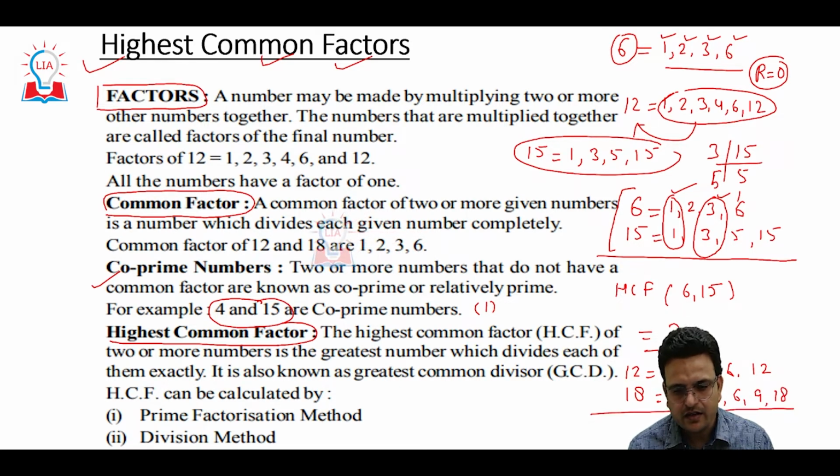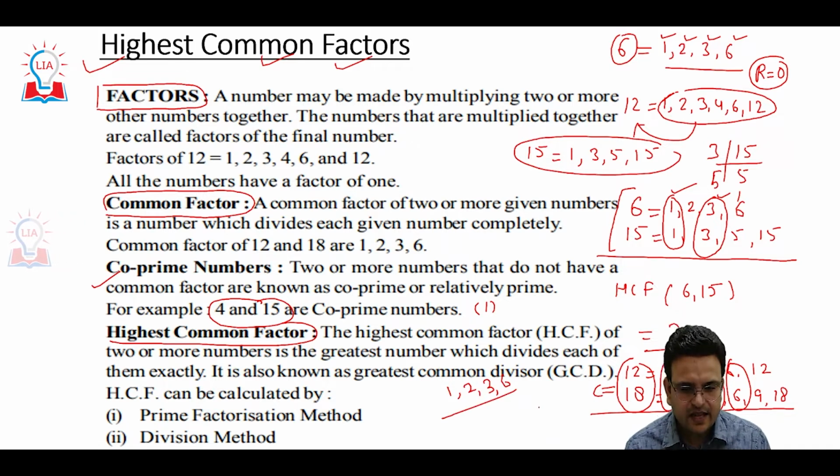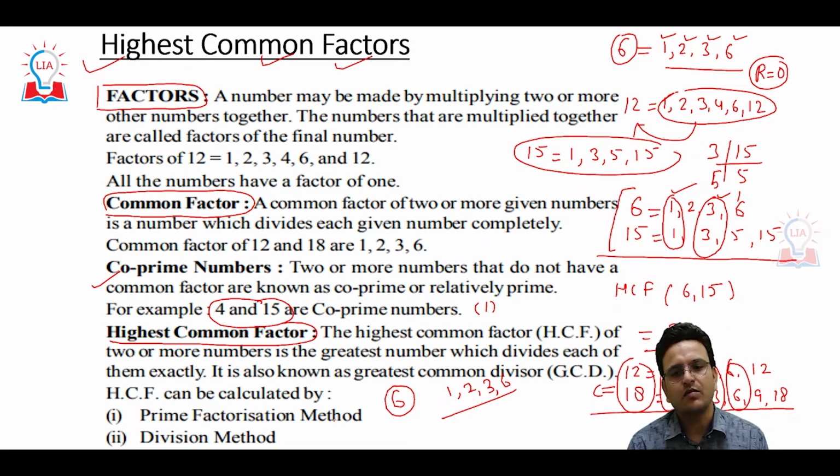How many common factors? 1 is common, 2 is common, 3 is common, 6 is also common. So the common factors of 12 and 18 are 1, 2, 3 and 6. The highest common factor will be 6. So hope you are able to understand the basics of the highest common factor.